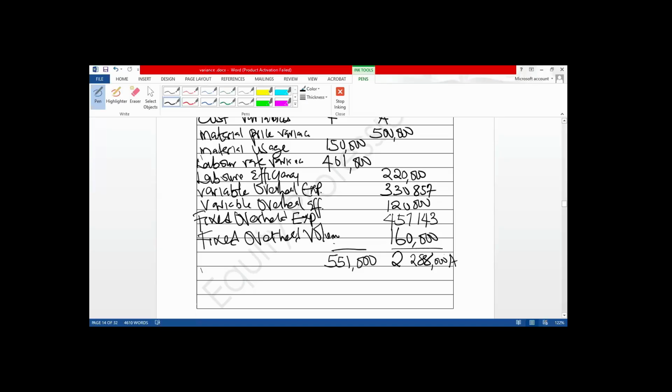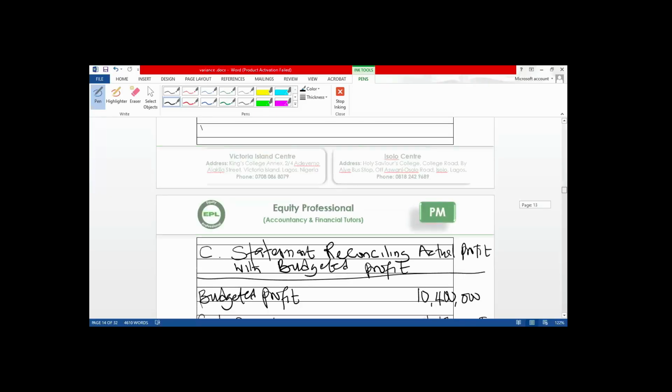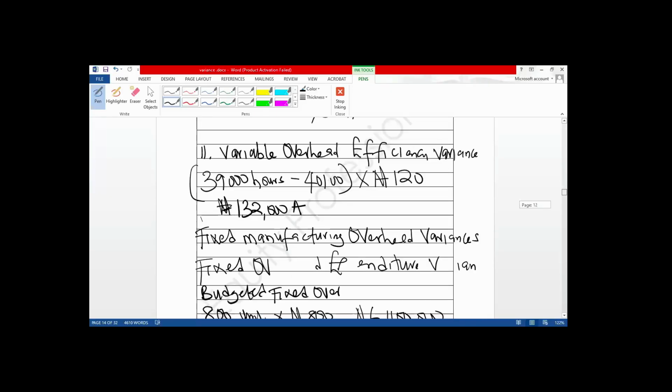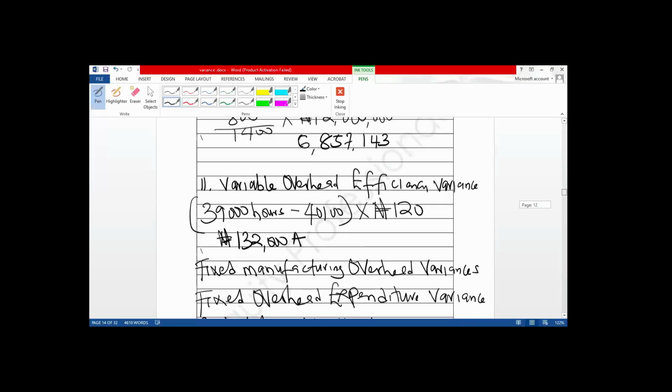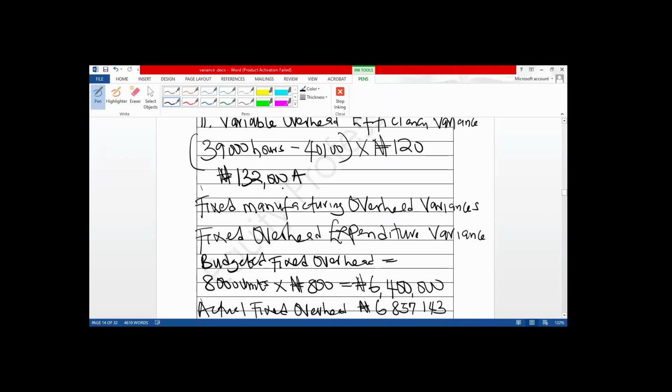This efficiency variance, is it 120? Let me check. Efficiency variance is 132.